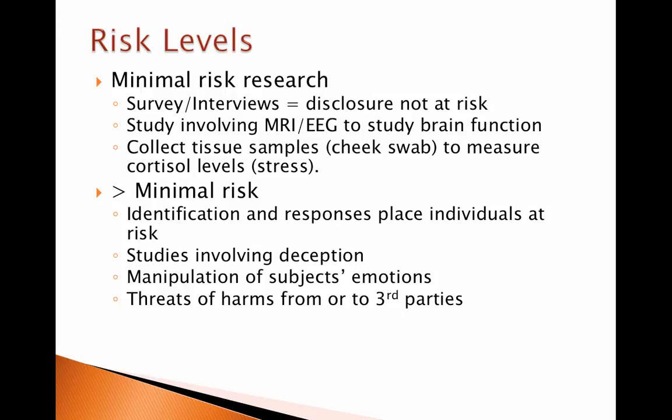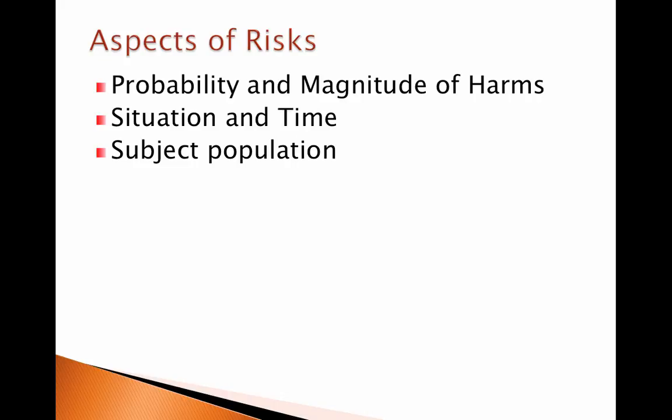Greater than minimal risk research could involve identification and responses that place individuals at risk, studies involving deceptions, manipulation of subjects' emotions, and threats of harms from or to third parties.